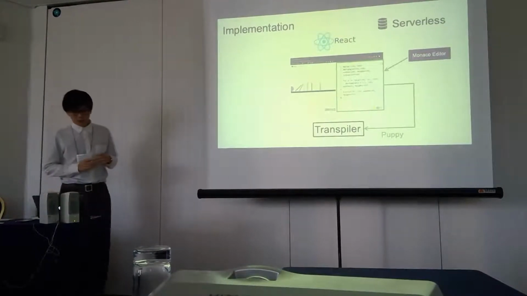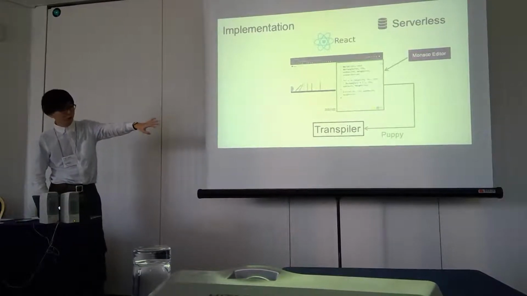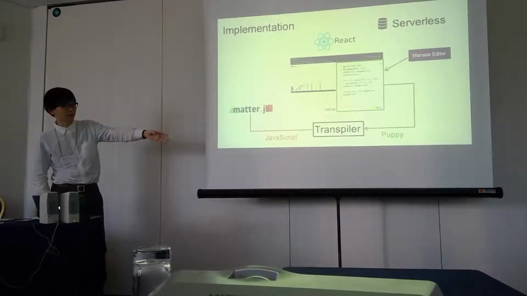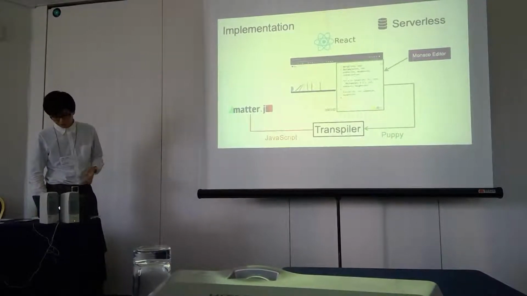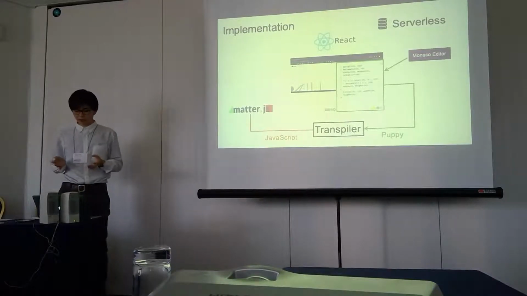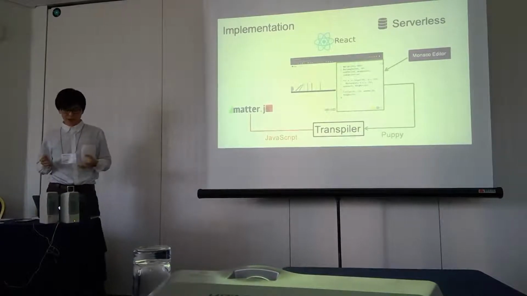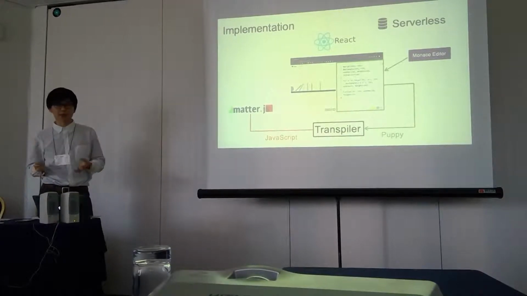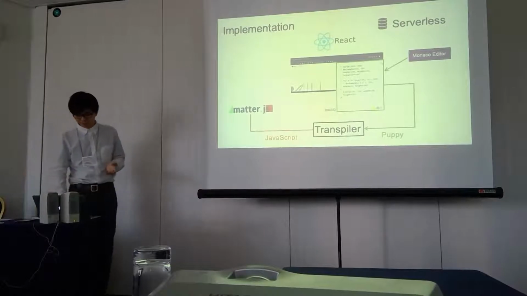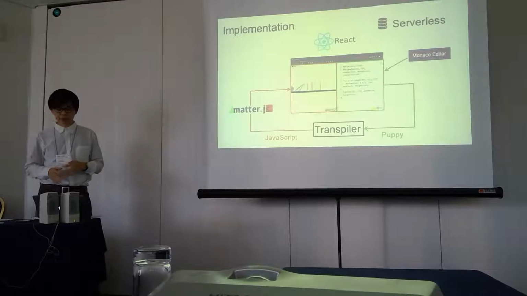When you write a program in the editor, the program is sent to the transpiler. The transpiler translates Puppy to JavaScript, and the translated JavaScript program calls the Matter.js API. Matter.js is a 2D physics engine library.